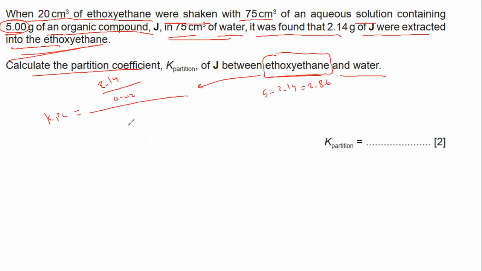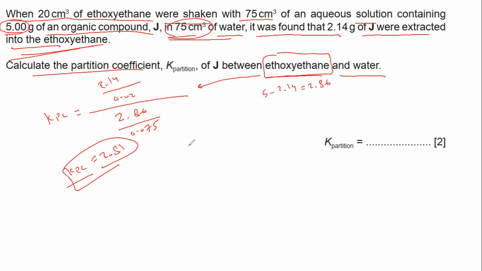So here we have 2.86 over 0.075, the volume of water that is given to us. KPC, or K partition, guys, in this scenario will be 2.81.